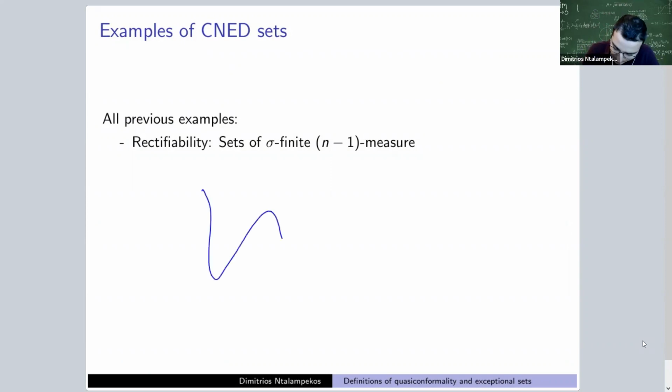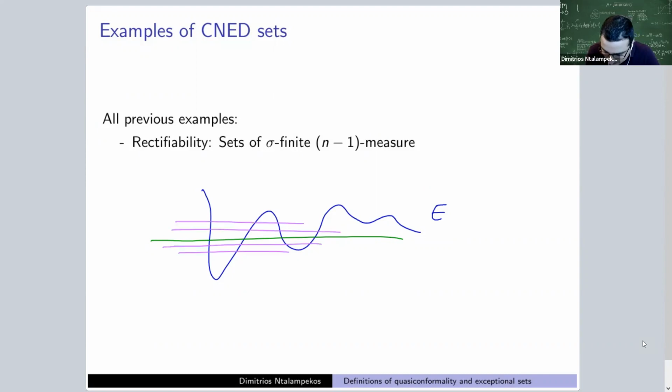Let's take a rectifiable curve, and let's take a straight line intersecting this rectifiable curve. A straight line might intersect the set E at uncountably many points. However, rectifiable sets have the property that if you take parallel translates of the curve, then almost every parallel translate intersects the set E at finitely many points.